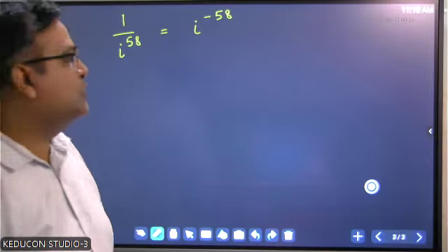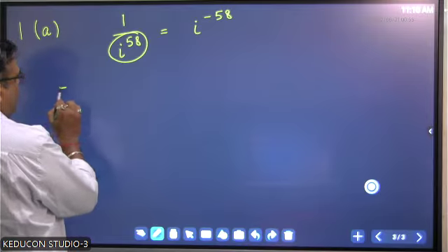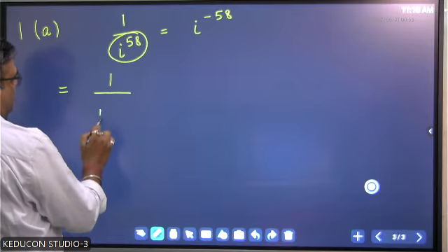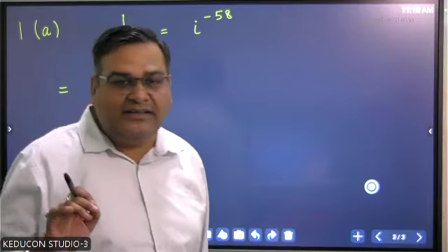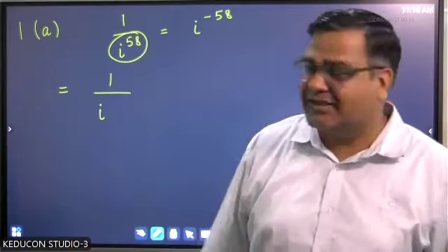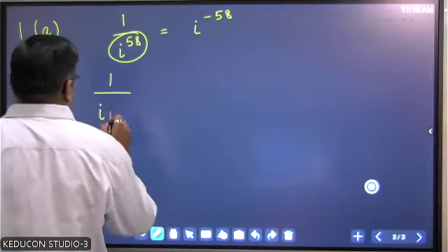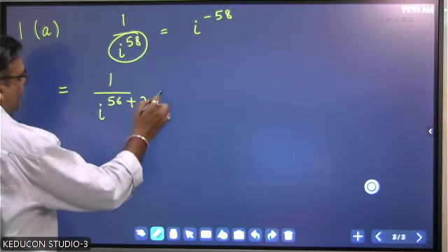Or what you can do, you can solve this power in the denominator also, and then we can further solve it. Now it is 58. The nearest multiple of 4 is 56 or 60. So we'll take 56 plus 2, right?